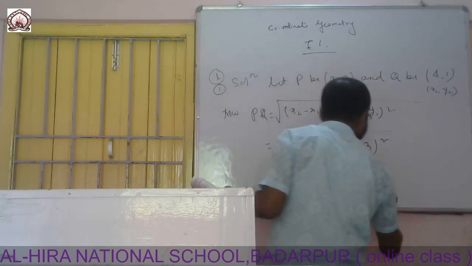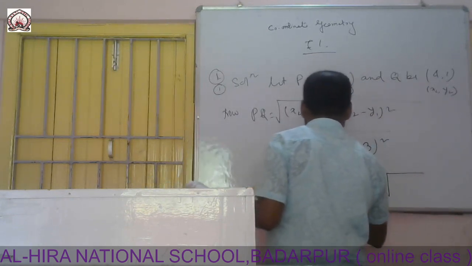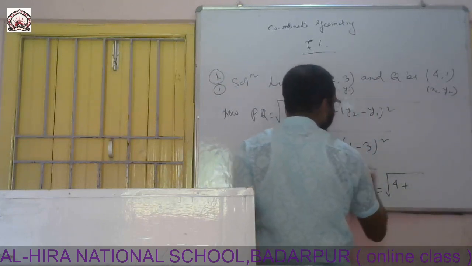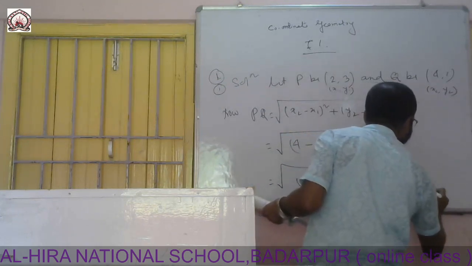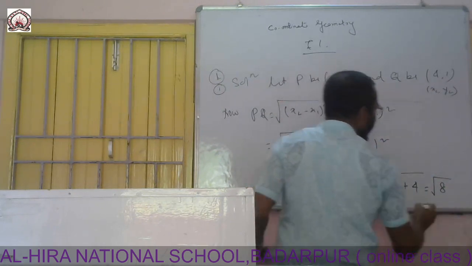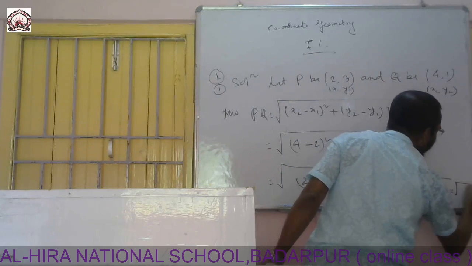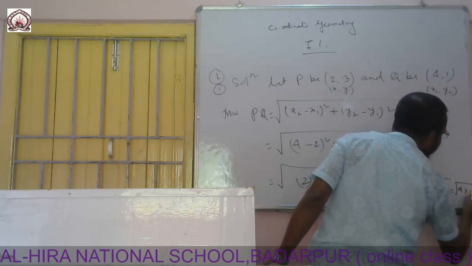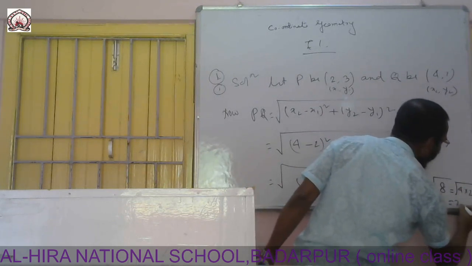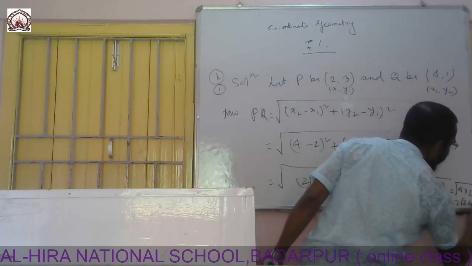Then 2 square is 4 and minus 2 whole square is also 4. So this will be root 8. Root 8 we can break, it is square root of 4 into 2, 4 comes out, it is 2, and this is 2 root 2 square units.